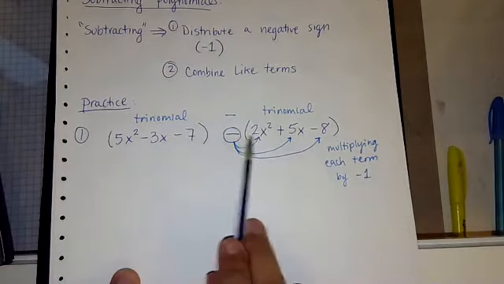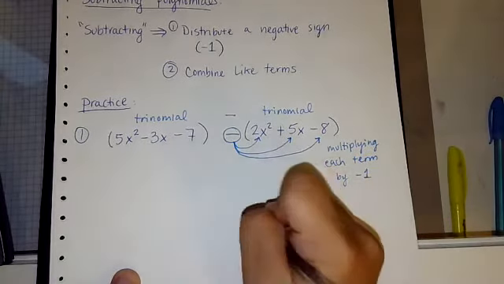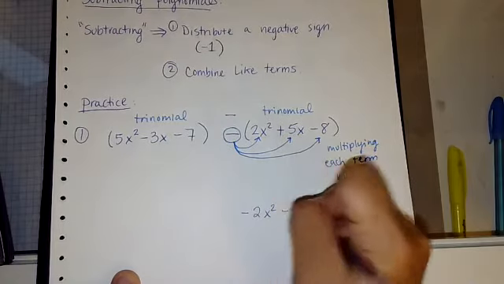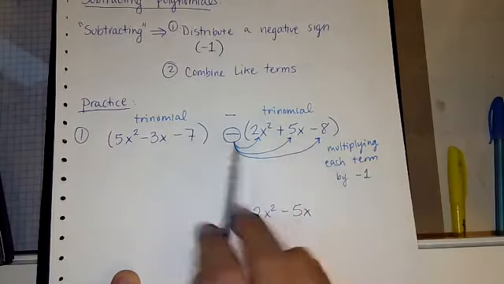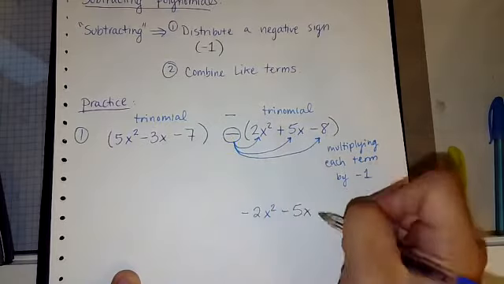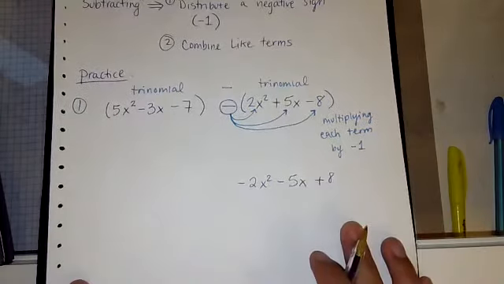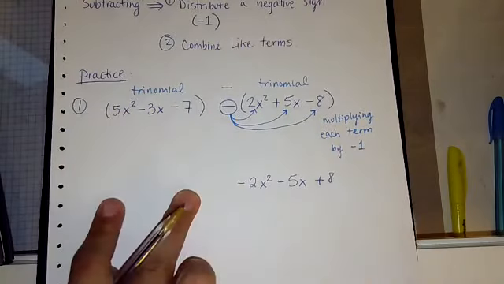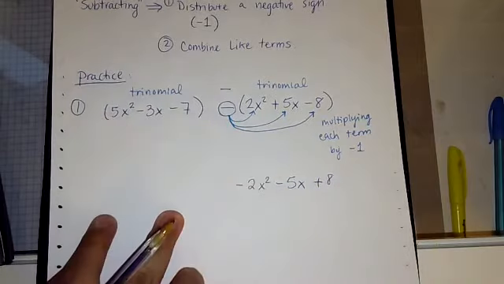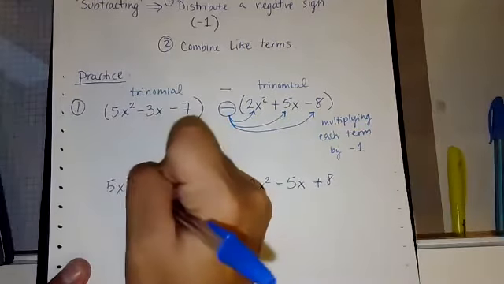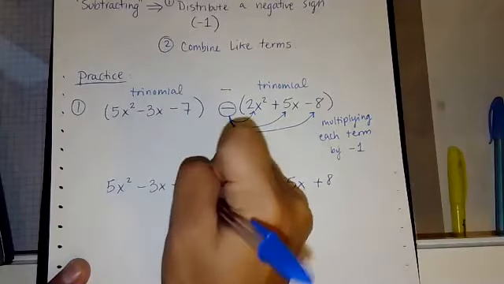So if I have -1 times this term, I should have -2x squared. -1 times this term would be -5x. And then a negative times a negative will be +8. Then I can drop all of the parentheses entirely and just bring down this first trinomial. So 5x squared minus 3x minus 7.